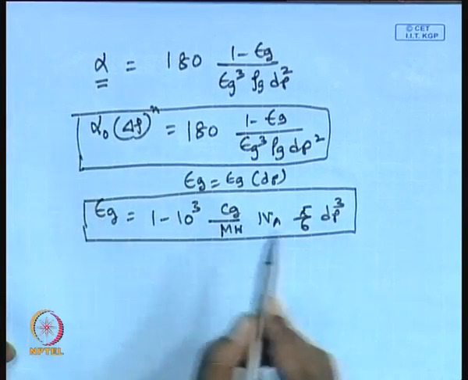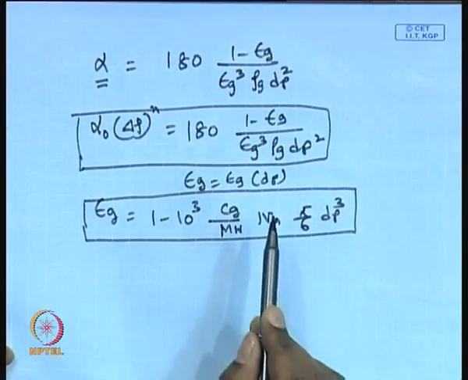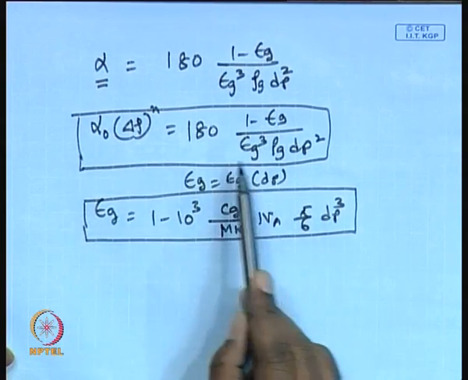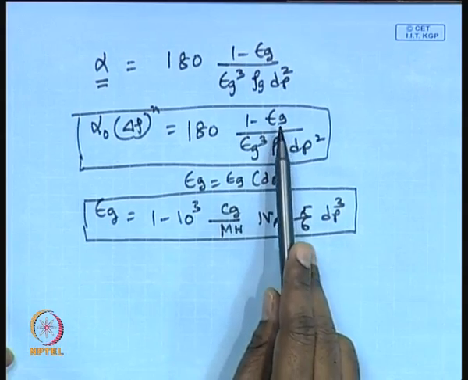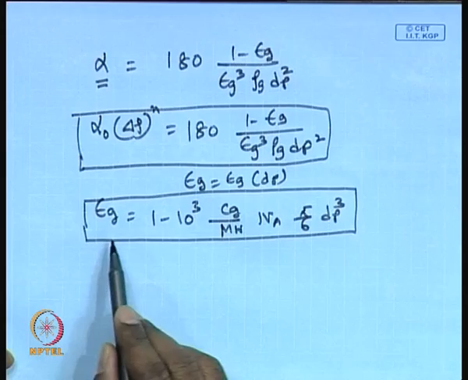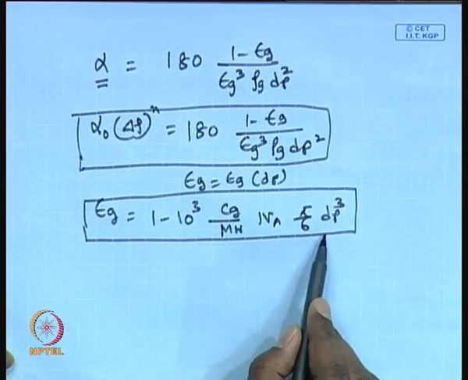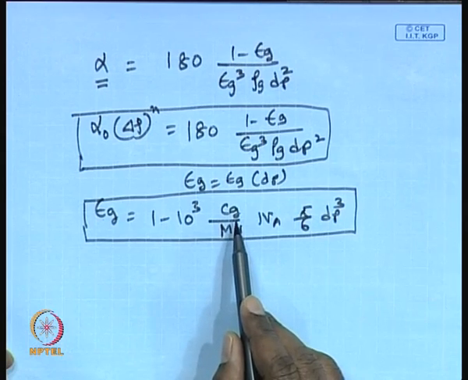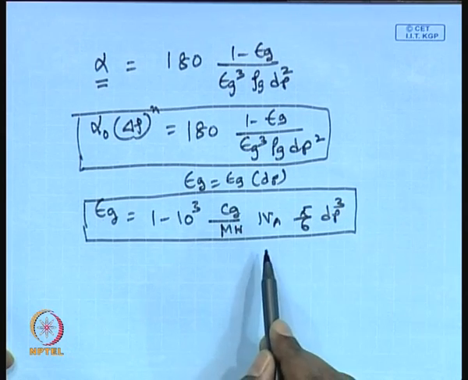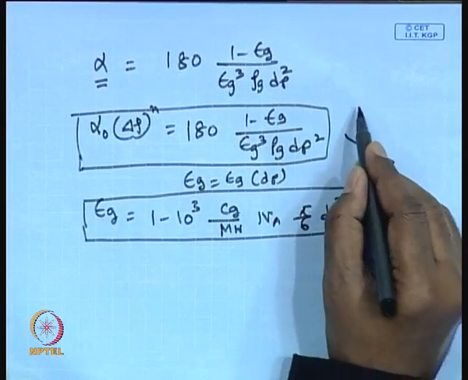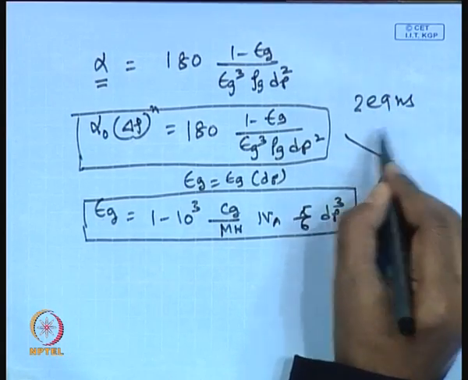this is another equation. So, for a particular delta p, the whole left hand side of this equation is known to you, and the right hand side it will be having a combination of epsilon g and dp, rho g will be known, and this equation gives you a relationship of epsilon g and dp if the value of gel concentration is known, and that will be known. So, you will be having two equations, two unknown.